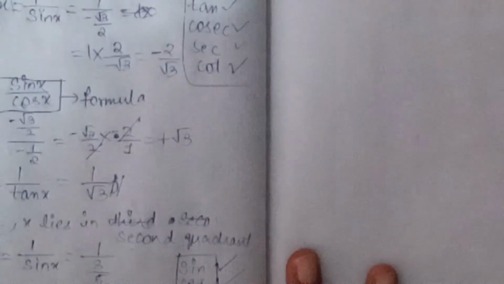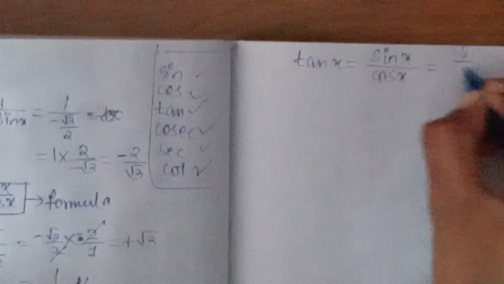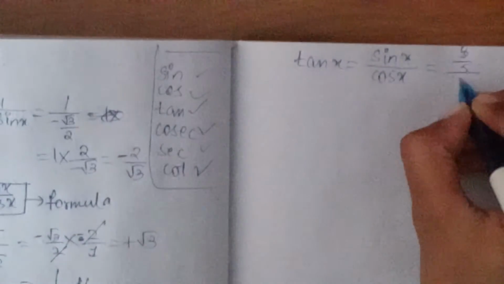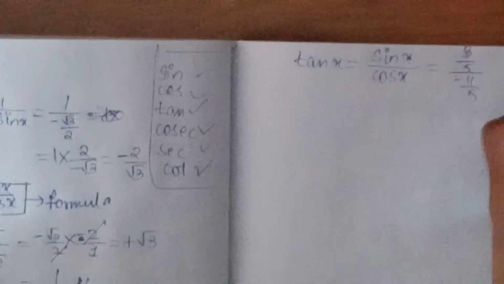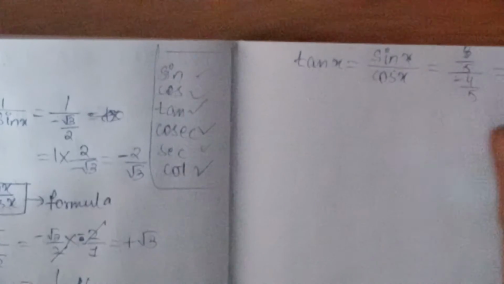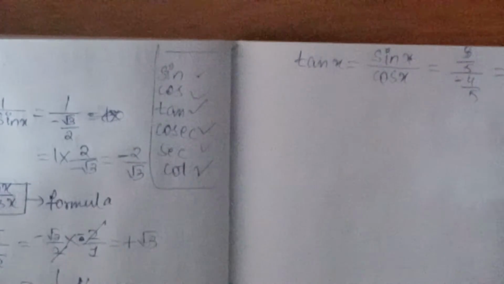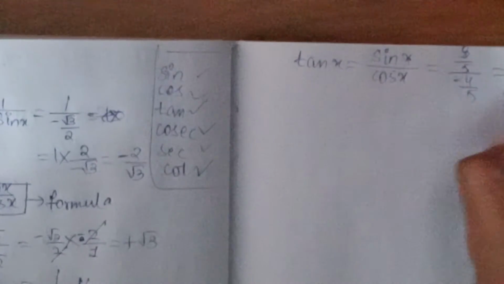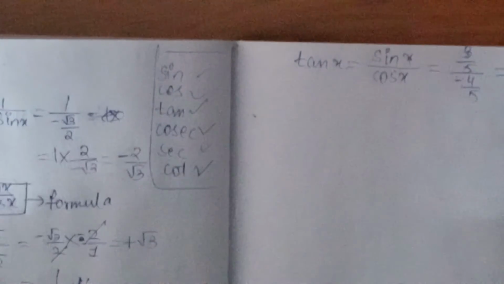Using both values we find tan: 3 by 5 divided by minus 4 by 5, which gives minus 3 by 4. This is the value of tan.